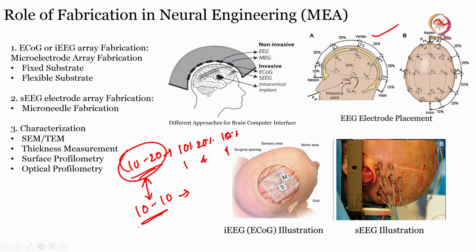I am writing a few questions based on this, which you should be able to answer if you have understood everything, and which can help you in your assignments or even your final exam. This is the 10-20 system, and when it comes to 10-10, my first question is which of these will have more electrodes?